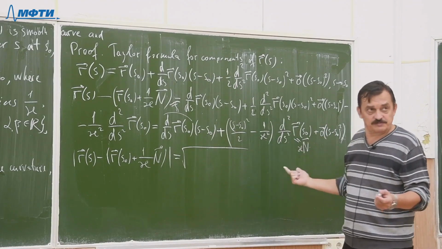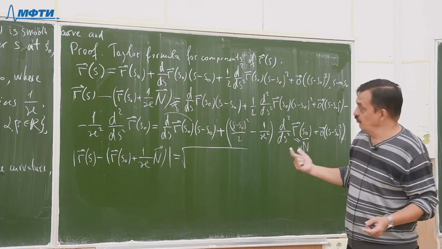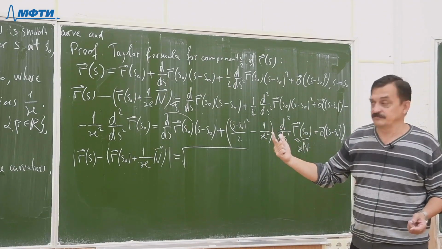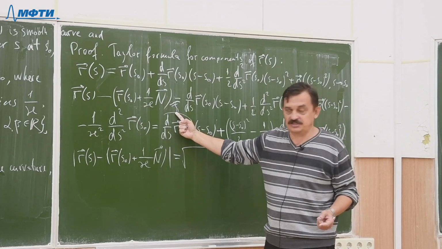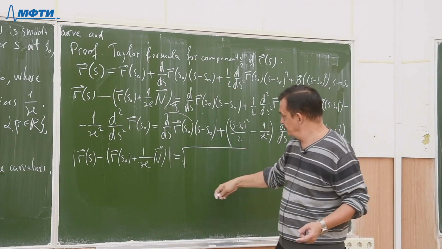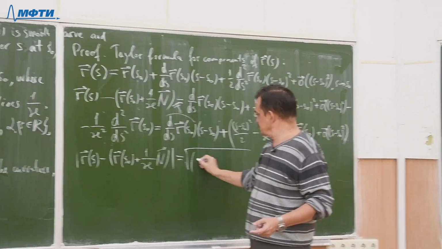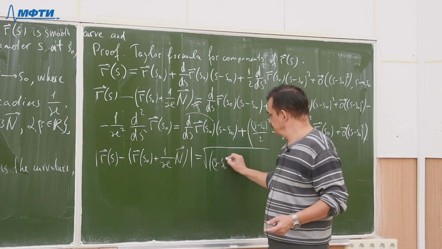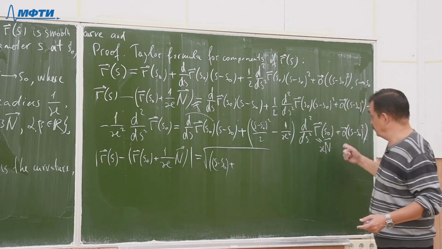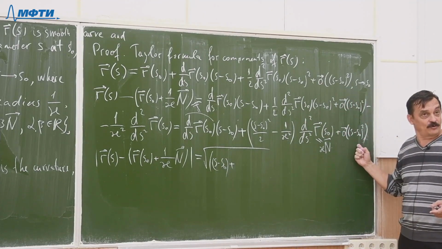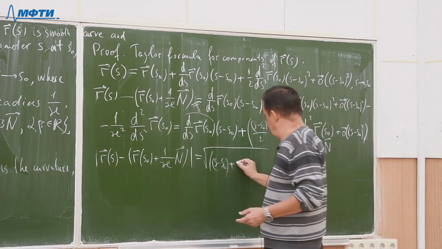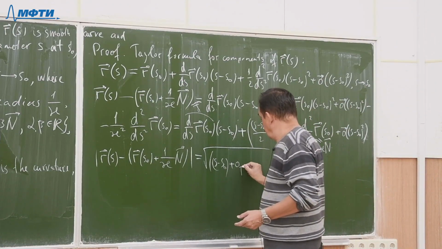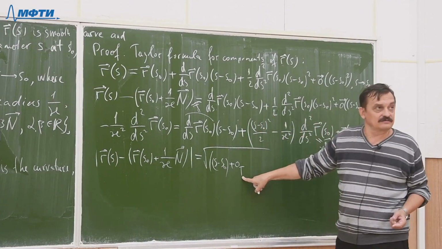But it is not explicitly here. So what is the first coordinate? First coordinate is the coefficient in T. Coefficient in T is, look, S minus S naught, right? Plus, also there is a component here, right? Which I'll denote like that, right?